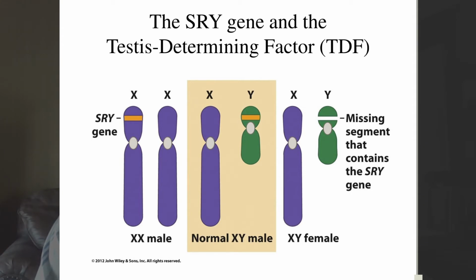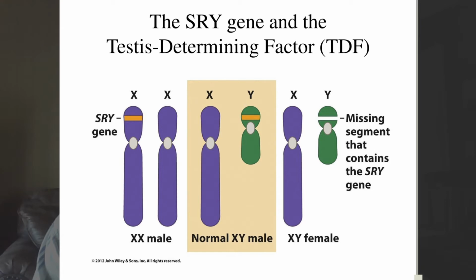Of course, there are several genetic conditions, one in which the SRY gene actually gets translocated to the X chromosome, so you could actually have an individual with two X chromosomes, but because of the location of the SRY gene, actually becomes an XX male.